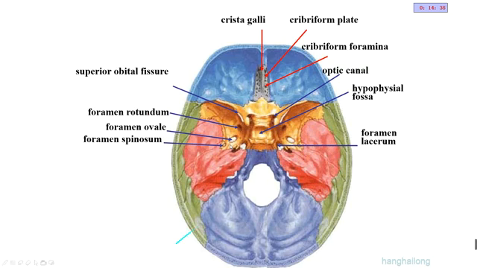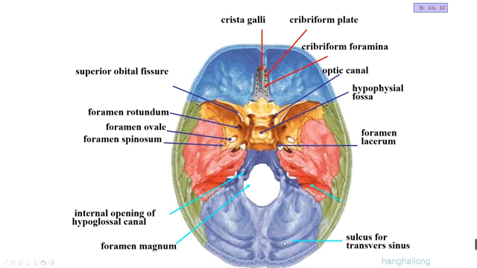Okay. And on the back, there is the biggest one, the foramen magnum. On the lateral side of it is the internal opening of the hypoglossal canal. And on the back, there are two sulci. This one is the sulcus for the transverse sinus. This one is the sulcus for, yes, the S-shaped sigmoid sinus.